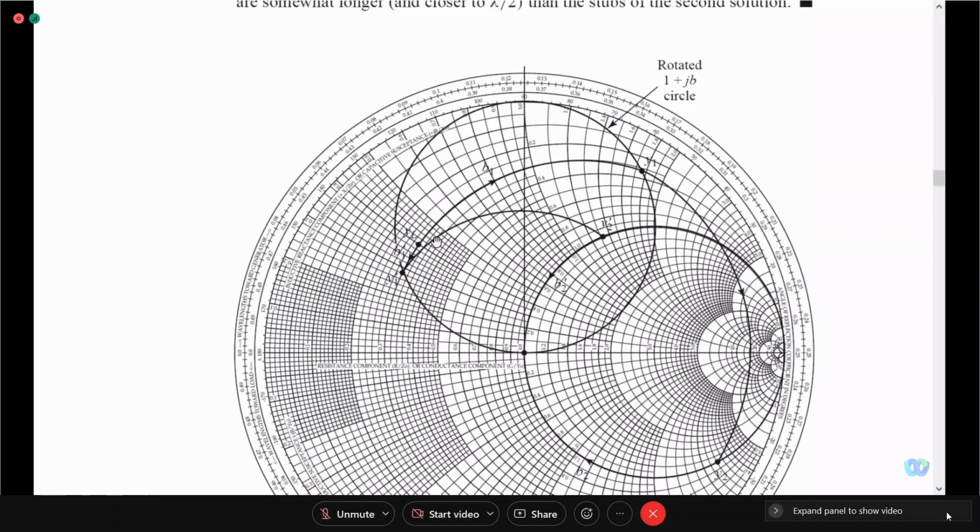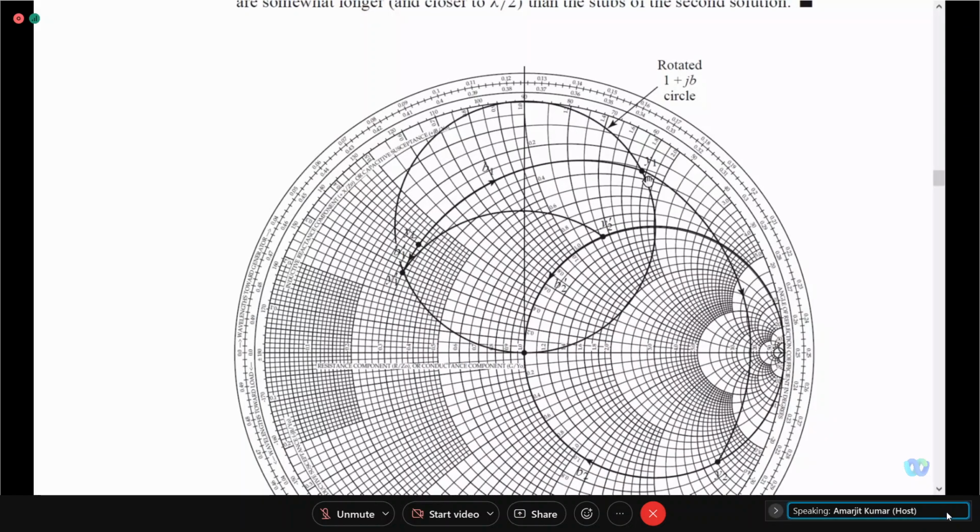So from the load to this rotated 1 plus jB circle, we are here. It is intersecting this rotated 1 plus jB circle at 2 points. One is Y1 and the other is Y1 dash. So we have to write what is the value of Y1 and Y1 dash, and also B1 and B1 dash.